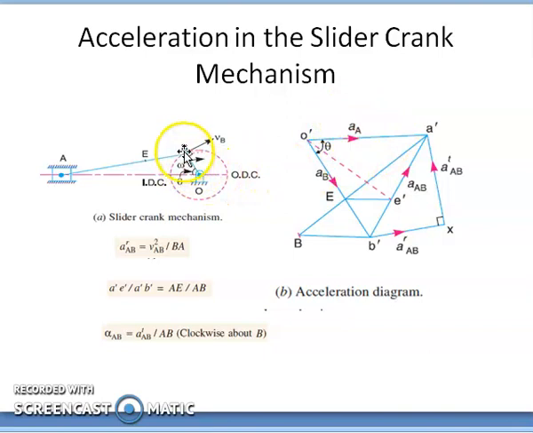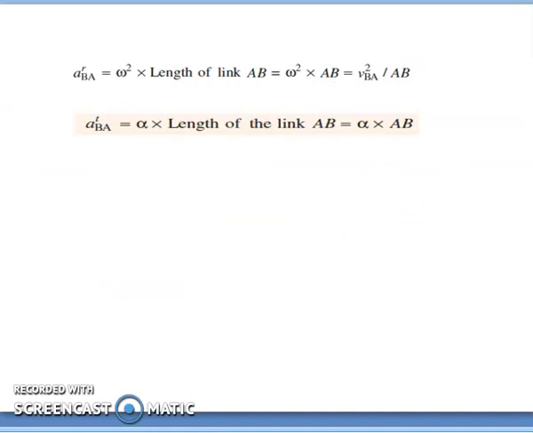Since O is a fixed point, we can also call that the absolute acceleration. So O dash A dash gives the acceleration of A. Now coming to the point B. The point B is rotating with respect to O with a constant angular velocity. As usual, the acceleration has two components. One is the radial component and the other one is the tangential component.